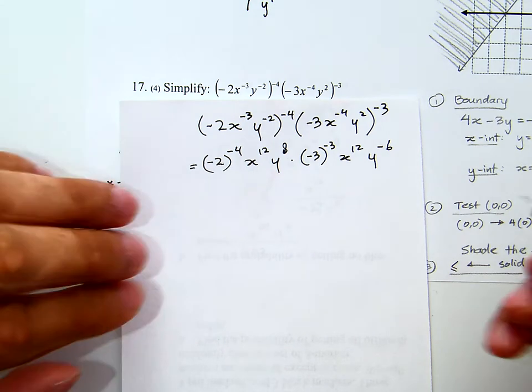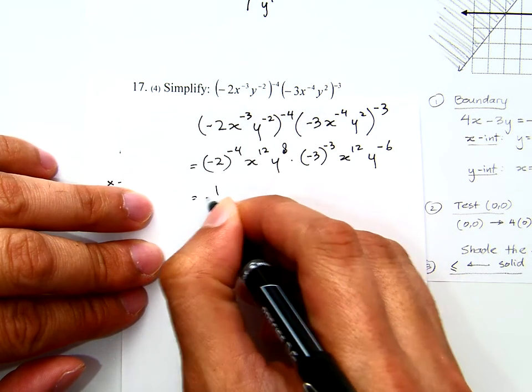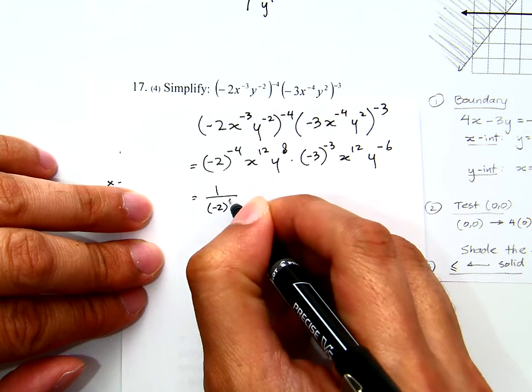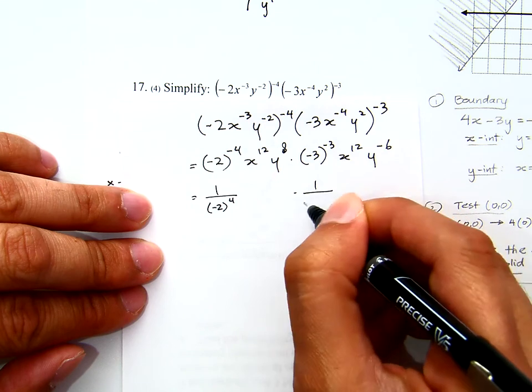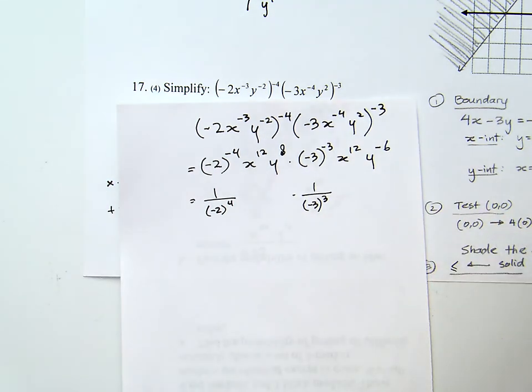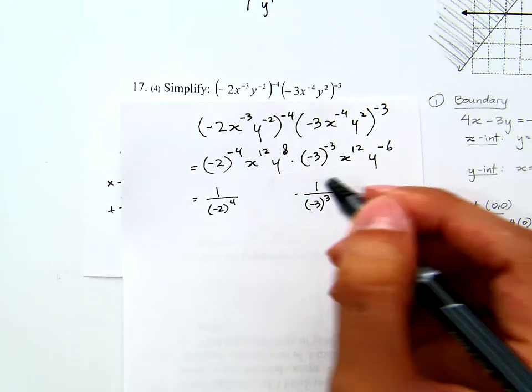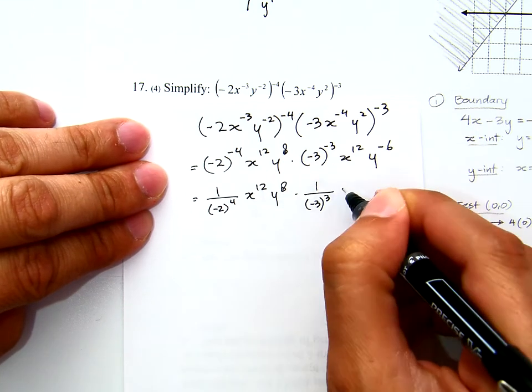Okay, now as for the numbers, this is 1 over negative 2 to the 4th. Later on you will see this will be 1 over negative 3 to the 3rd. Now for the x, this is x to the 12th. Let me copy that down for now.